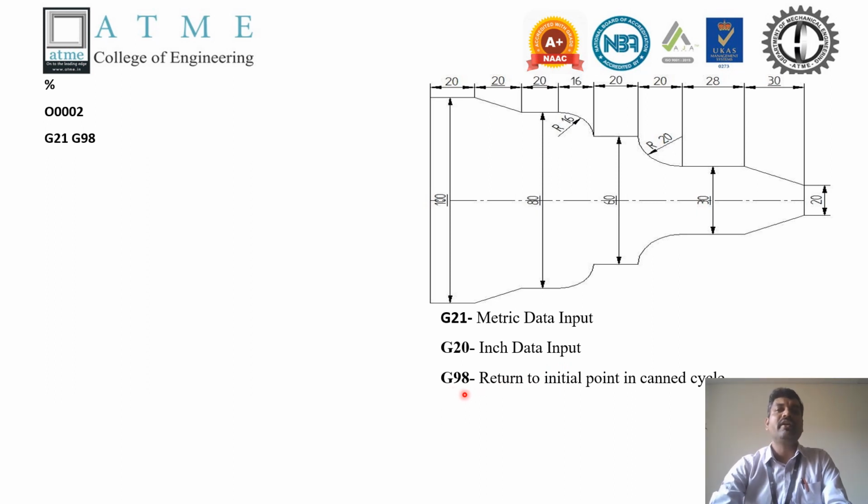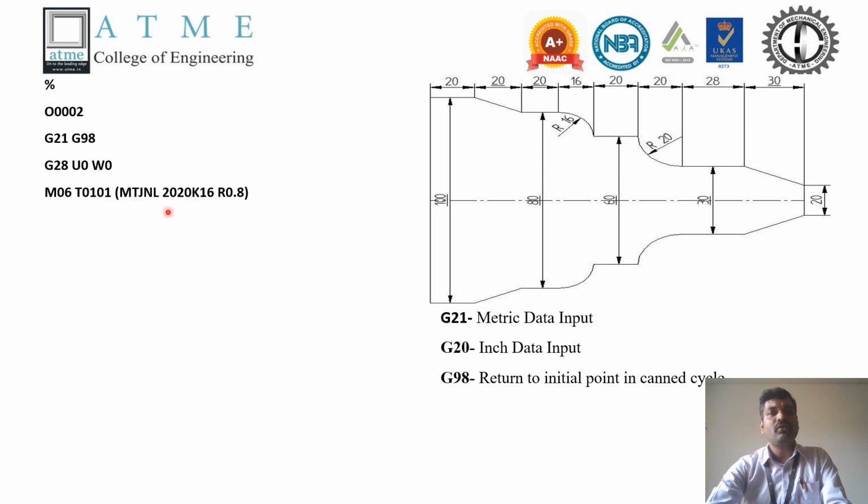G98 is the return to initial point for the canned cycles. Similarly, G28 goes to the home position, where the tool change will take place, that is U0 W0, U and W corresponding to X and Z. Then M06, the tool change miscellaneous function, followed by the tool you want; at the home position it will change to the required tool.